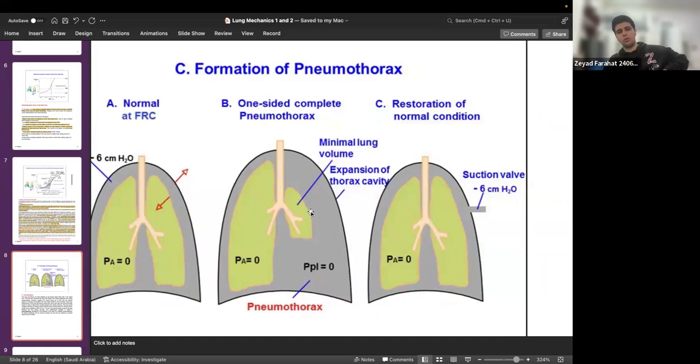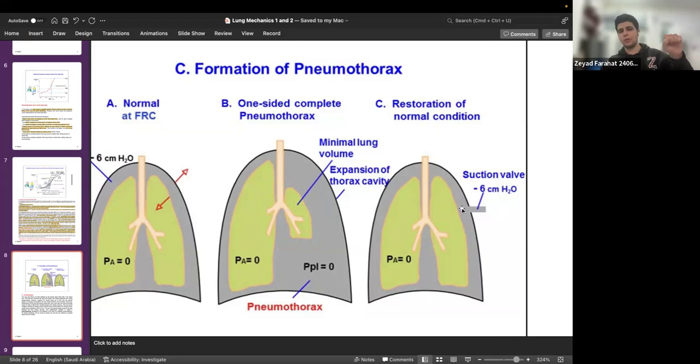If you have a wound in your chest wall, the pleural pressure increases, and so the lung system is disrupted, because now you're subtracting from the atmospheric pressure, not from the pleural pressure, and you get a decrease in the lung volume, and your lungs are collapsed. How do you restore this? You're restoring the pleural pressure by adding a suction tube.